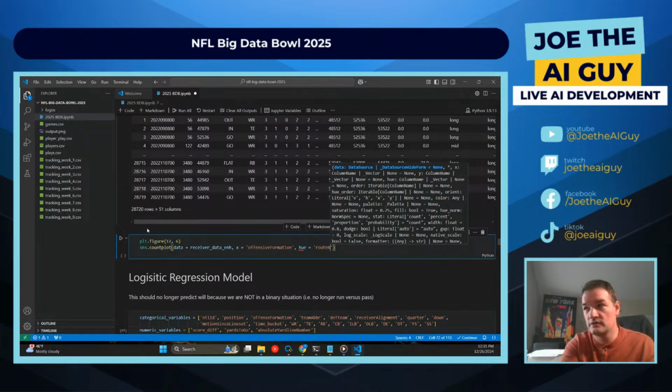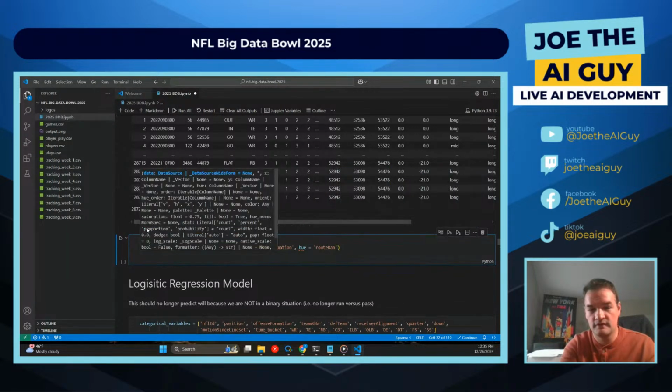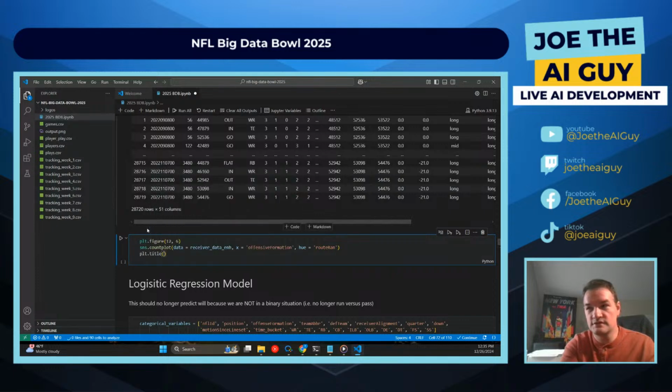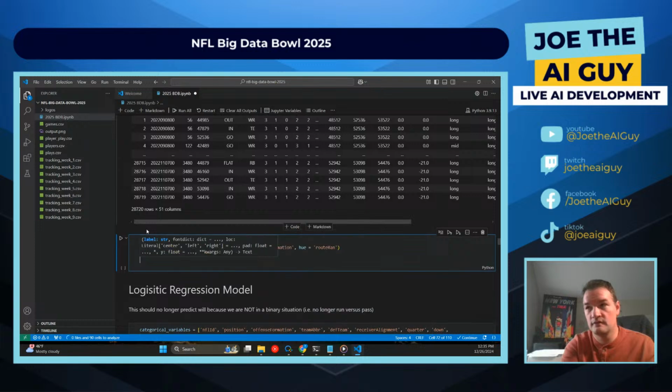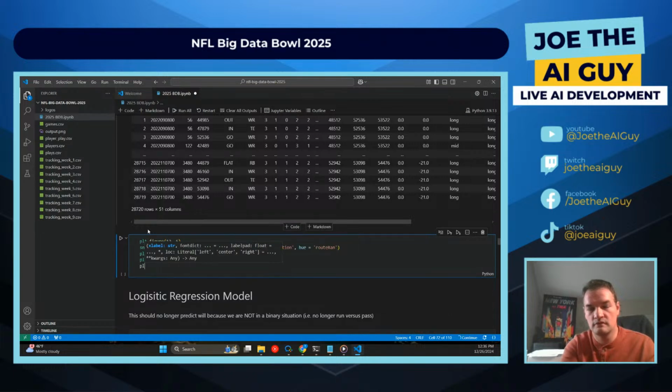All these receiver routes by formation. And so now the X is going to be the offensive formations, and the count for those routes.